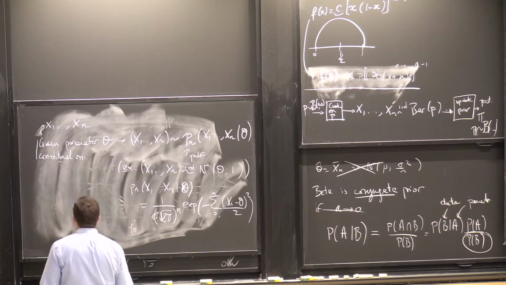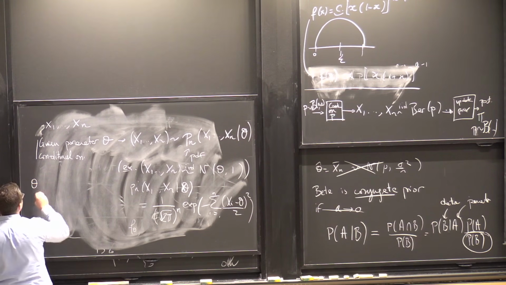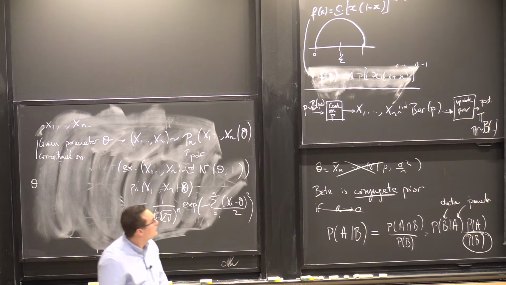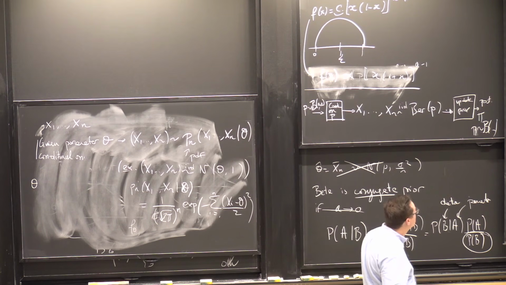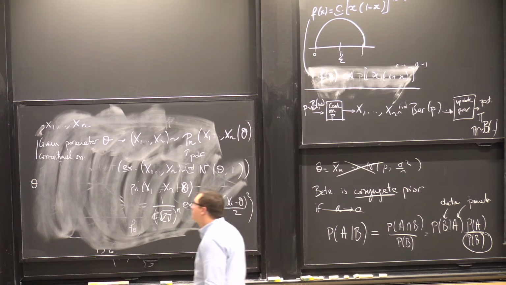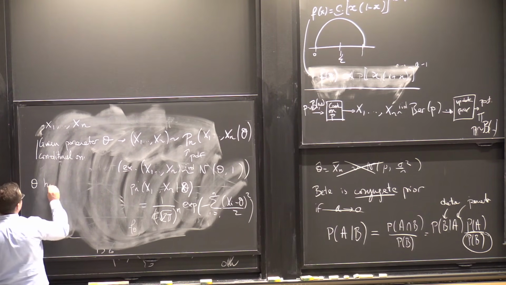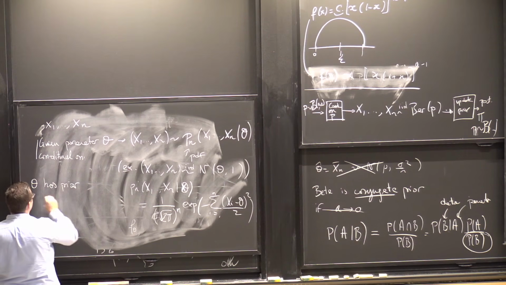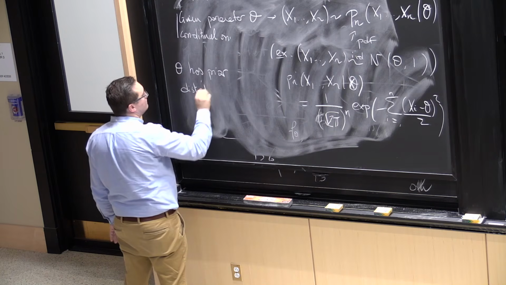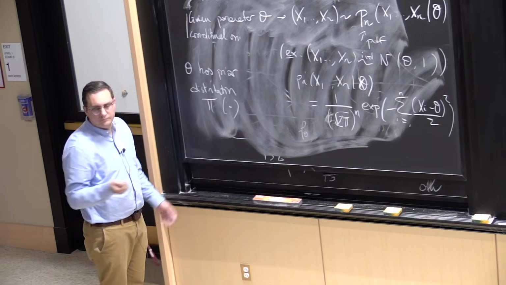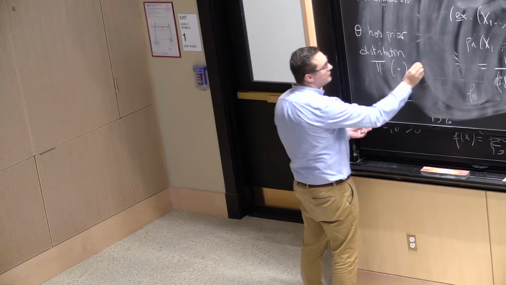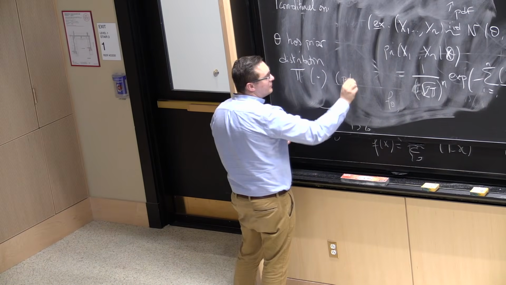Now here I'm going to assume that theta has prior distribution pi. Think of it as either PDF or PMF again.